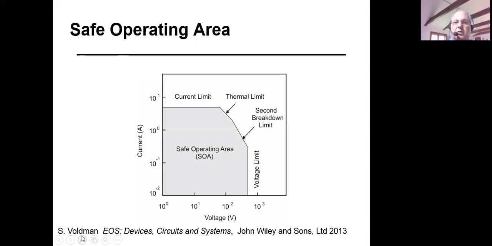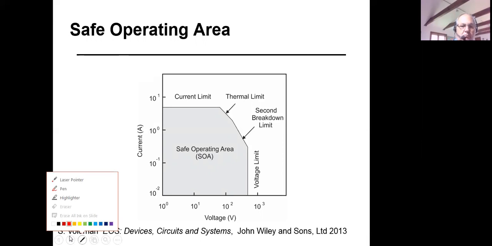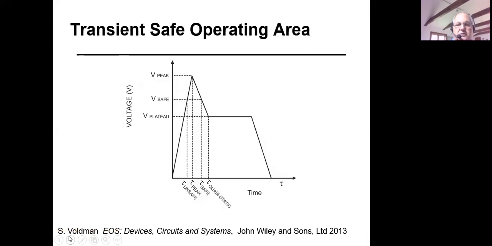And then on the corner, there's basically second breakdown and thermal limitations. So this is how you can determine whether you're in a safe zone for applications or not. There's also a transient safe operating area, which takes into account the peak, and it's a function of time.